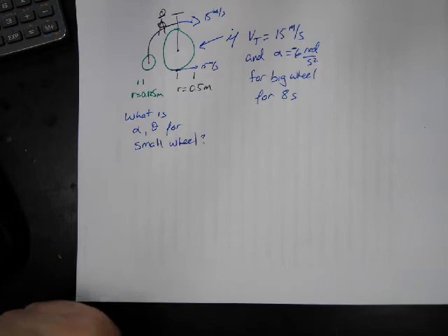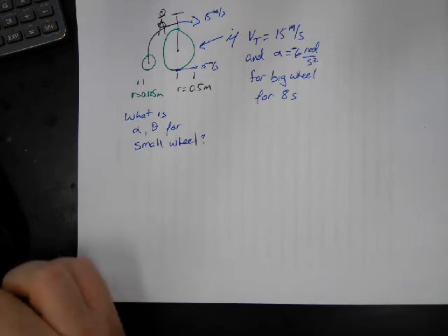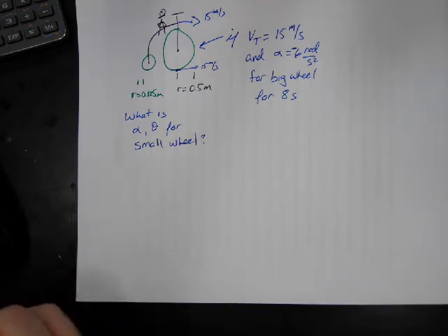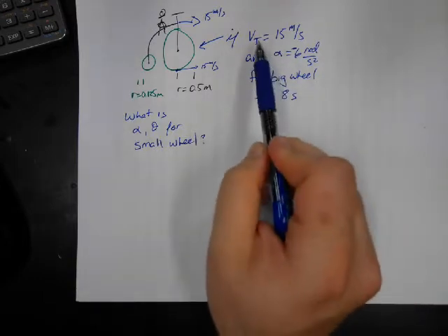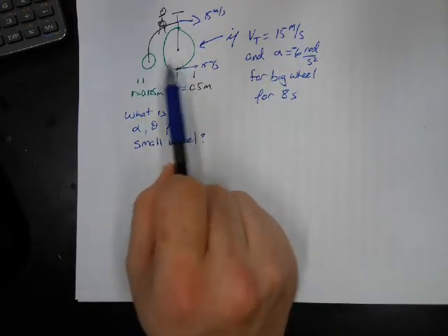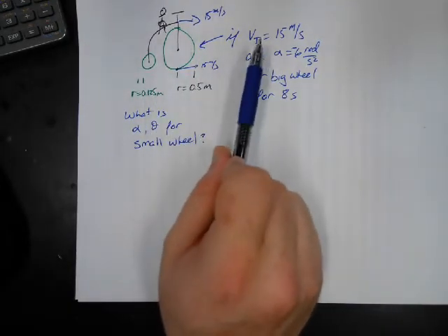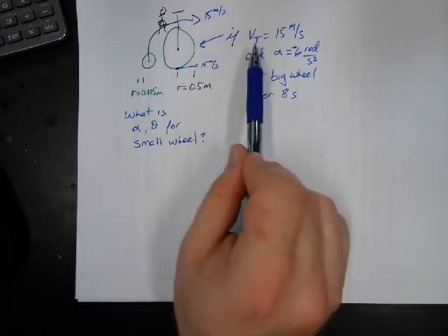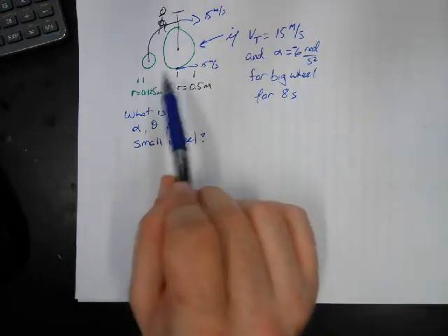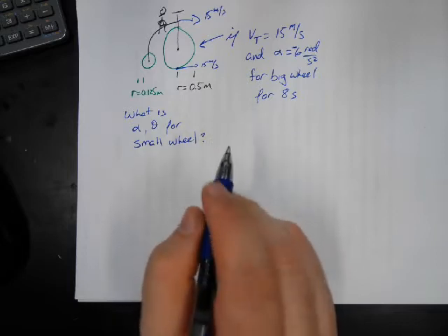All right. So the acceleration's not that hard of a problem. If there's a relationship between the sizes of the wheels, then the relationship between the other variables should be the same, we would think.